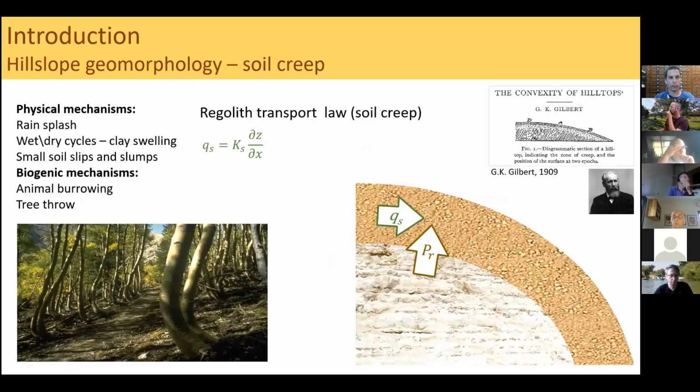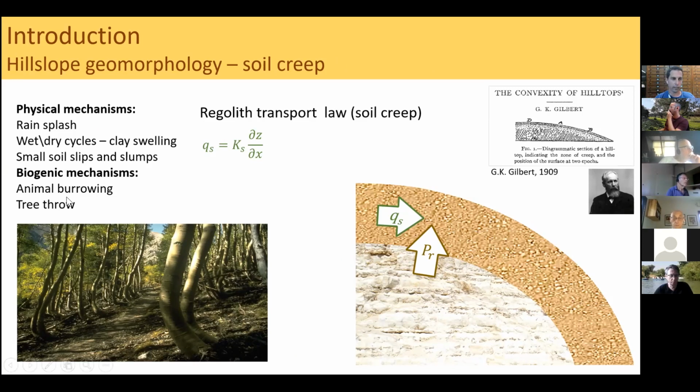Okay, when I talk about soil transport, we refer to it as soil creep. Okay, it's not a mechanism. It's a family of many processes that are slow, continuous, semi-continuous, and slope dependent.